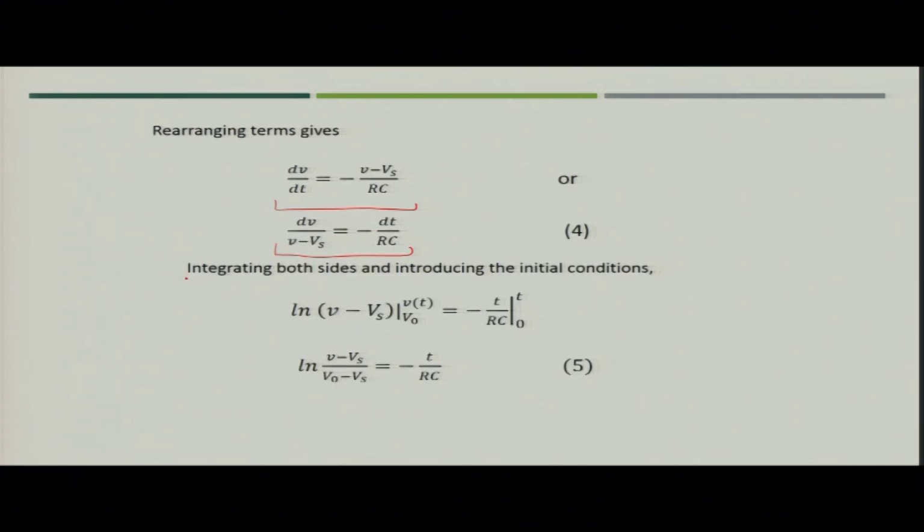Now, what you have to do? You have to integrate on both sides and use the initial condition. What was the initial condition? The voltage across the capacitor was V naught at time 0 plus. So, we use that initial condition and take integration on both sides.